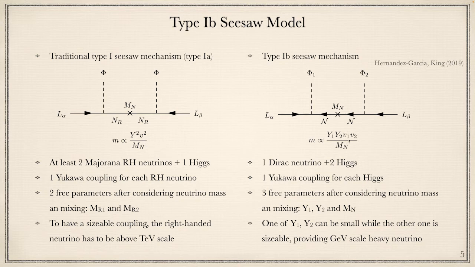While in the type 1b Seesaw model, the 2 Yukawa couplings appear as a product in the expression of the standard model neutrino masses. This makes it possible for us to make one of the Yukawa couplings small while the other one is large, providing a GeV scale heavy neutrino. And through the large Yukawa coupling, the neutrino Yukawa process can dominate dark matter production.